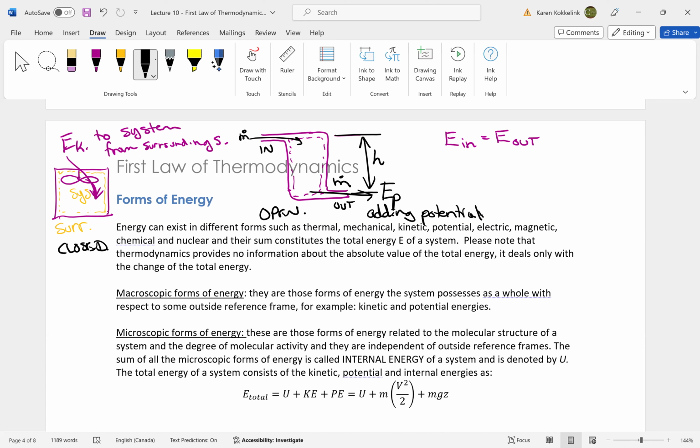So in general, there are lots of different types of energies. There's thermal energy, which we usually call Q. There's mechanical energy, which we usually call work, the ability to do work. We have kinetic energy, which is a function of velocity and mass. We have potential energy, which is a function of height and mass.